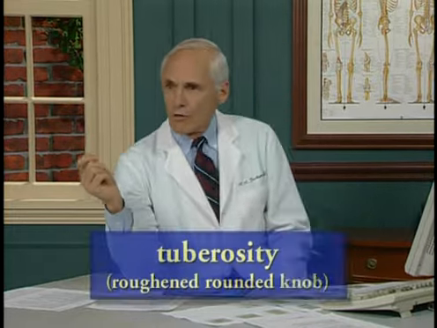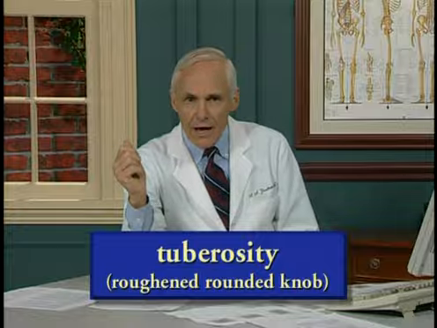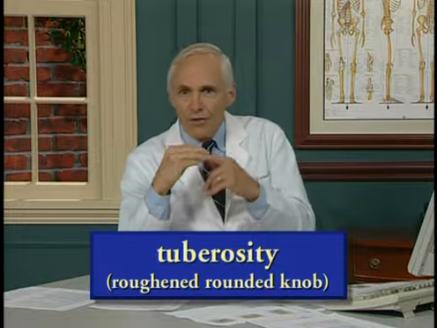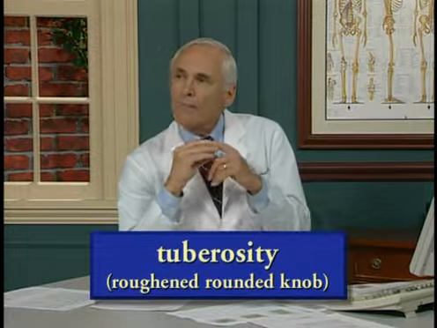There are a lot of markings on the surface of the bones, and I'm not going to show you a different picture of every one. I'm just going to mention the names. We'll come across them again, and then I'll show you what they are when we need to. There is something called a tuberosity, which we've seen before. It's a roughened, rounded knob that is where usually the tendons attach, and sometimes the ligaments, where the bone has thickened.